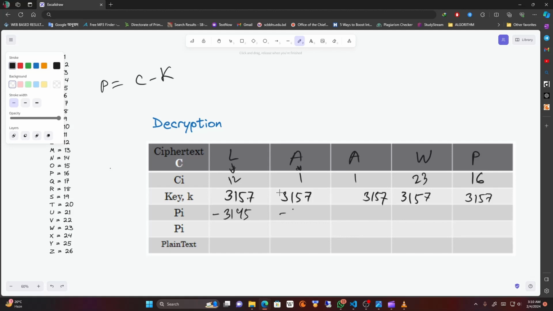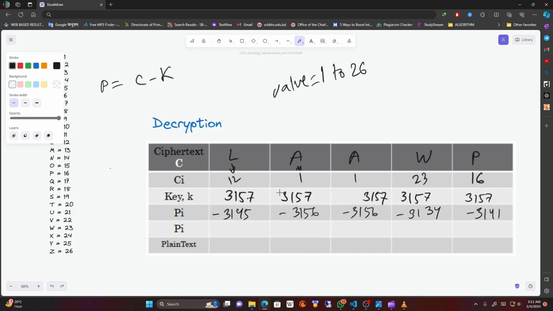Similarly, this will be negative 3156, again negative 3156, this will be negative 3134, and this will be negative 3141. Previously we knew that if this value is between 1 and 26, we know how to find the answer, right? We just need to write down the letters at those indexes, then we will get our plaintext.